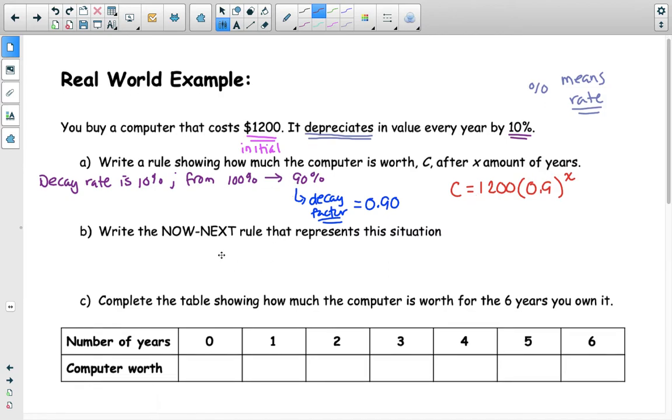So now we can write the next rule that represents the same situation. To get the next value of our table, we will take what we have now and multiply it by 9 tenths. But we start at $1,200.